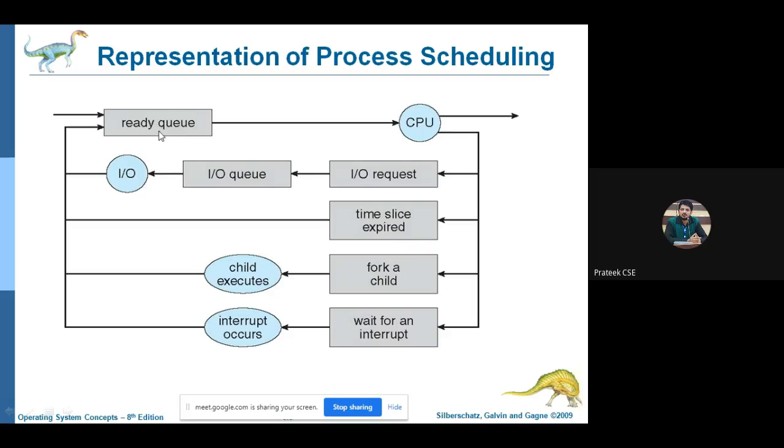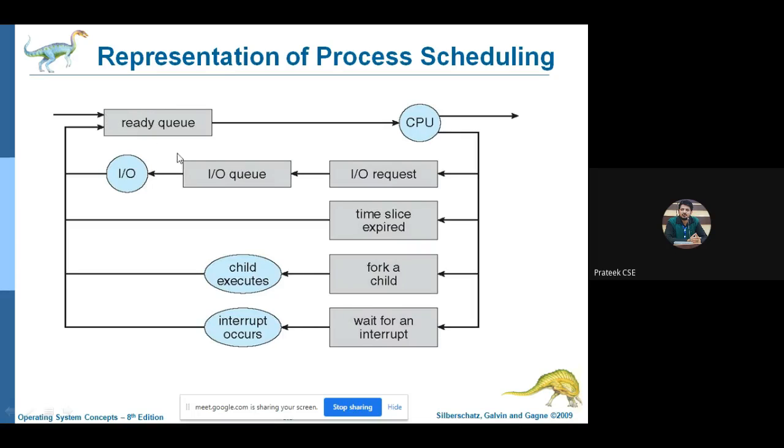Now here we have a ready queue inside the RAM where the processes will be stored, and it is not only the case that we should have a simple linear queue, that is the FIFO queue. The processes may be arranged here according to a priority queue also. So depending upon the algorithm, this ready queue may consist of many processes which are ready to execute in different sequences.